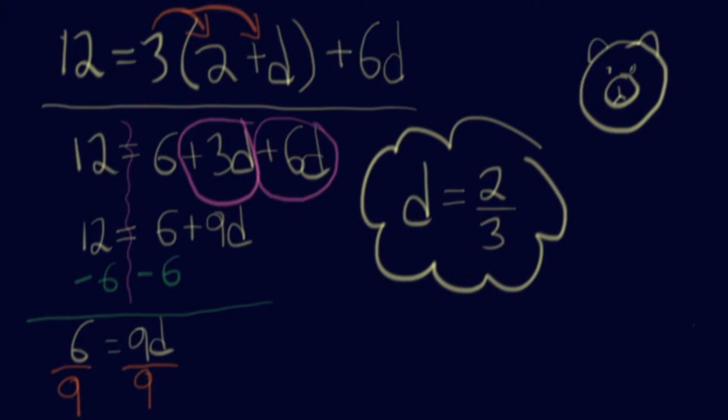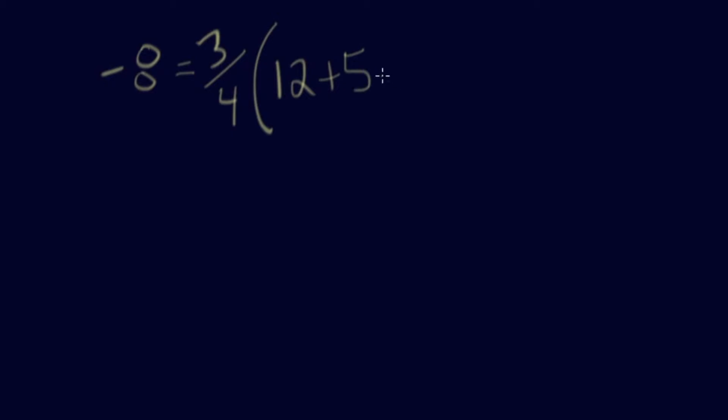Here we go. Let's say we had negative 8 is equal to 3/4 times 12 plus 5d. These are ugly numbers. There are a lot of different things you could do with this one, so you might want to know where to start.